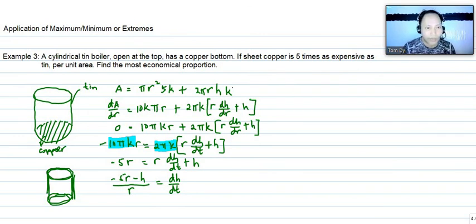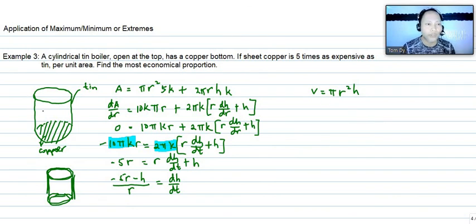So this time we will solve for the volume of this cylindrical tin boiler. So we will find the volume, that is V. Okay, we have V equals pi r squared times height.